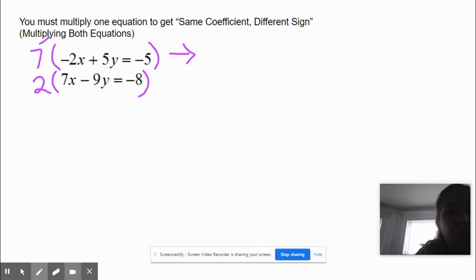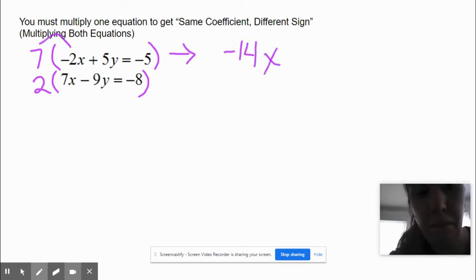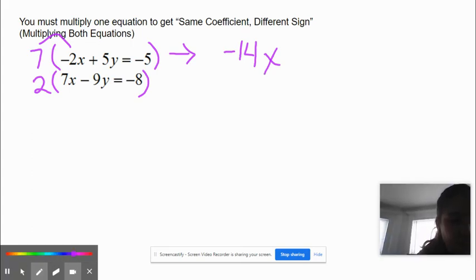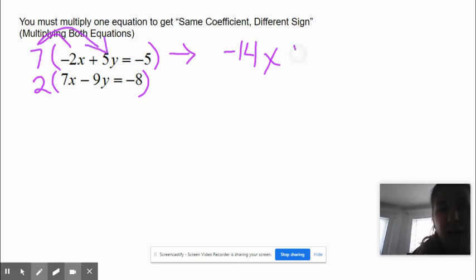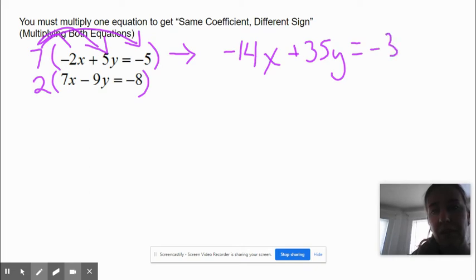So 7 times negative 2 is negative 14x. And then 7 times 5y is positive 35y. 7 times negative 5, negative 35. All right, now let's multiply the bottom equation.